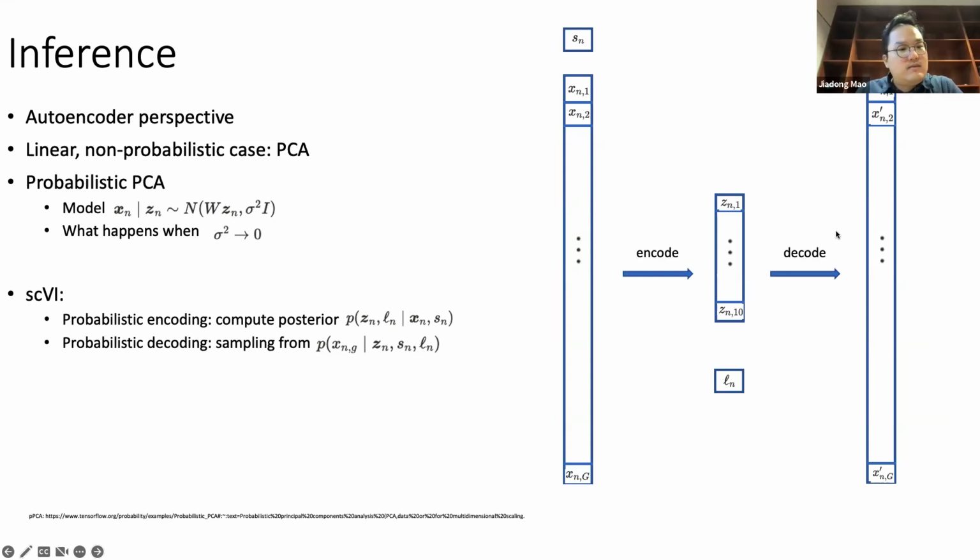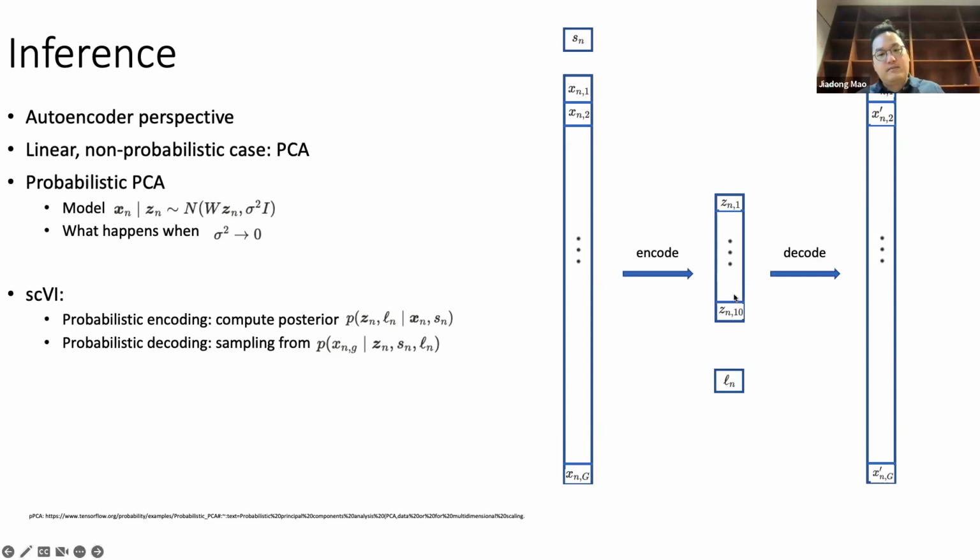What about the decoding part? From this latent vector, we want to regenerate the input. Why do we want to regenerate the input? Because by encoding and dimension reduction, we have ideally removed unwanted variation and noise.